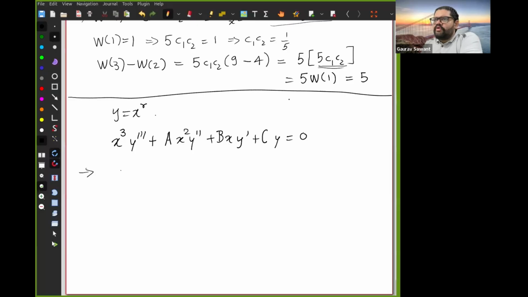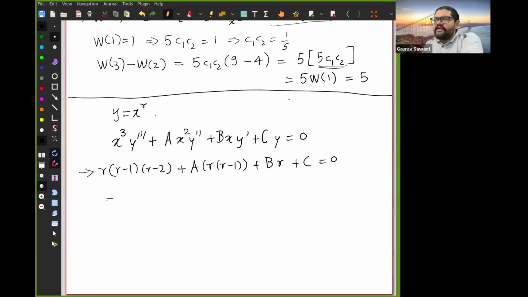This time I'm going to make the substitution and have r(r minus 1)(r minus 2) plus A r(r minus 1) plus B r plus C equal to 0.